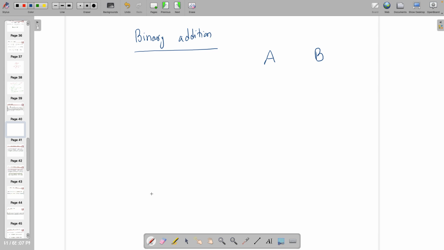Let's look at that. 0 0, 0 1, 1 0 and 1 1, 4 possibilities are there. By the way, I assume everybody knows all the gates. If you do not know, let's assume that you do not know.